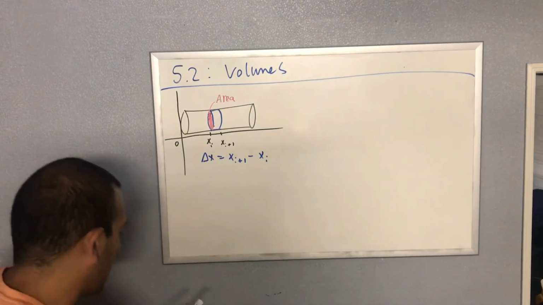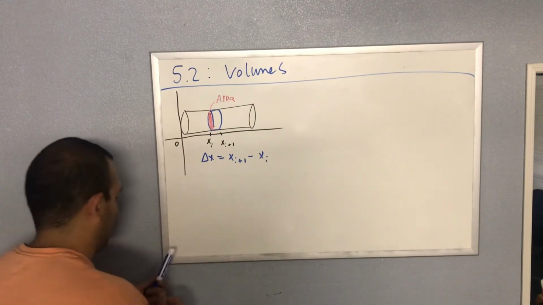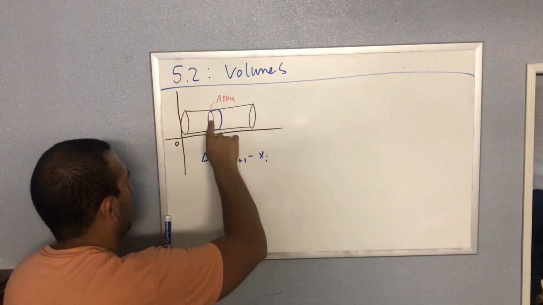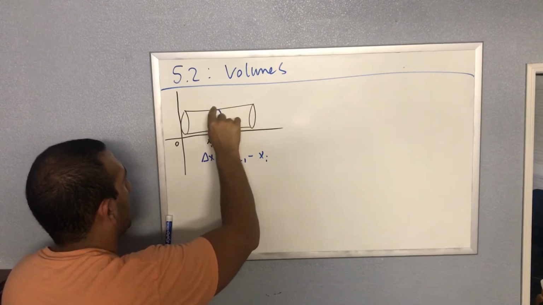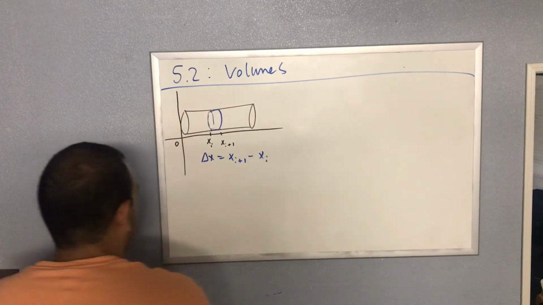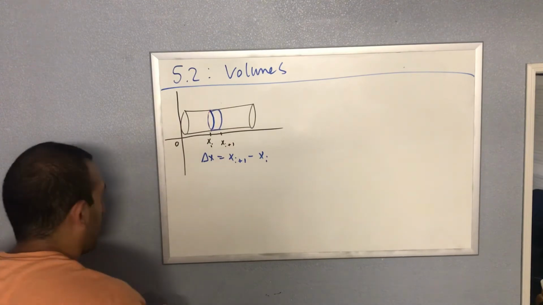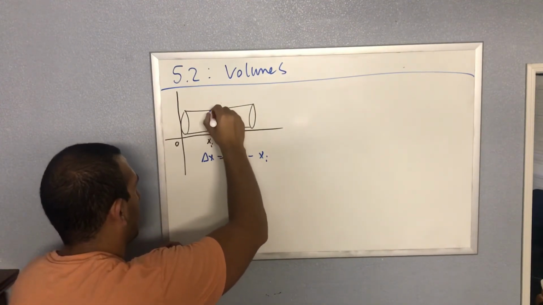and let's say we pick this very particular point. So I'll erase this guy. Instead of getting the area right at the top, let's say we take the area of this guy right here.